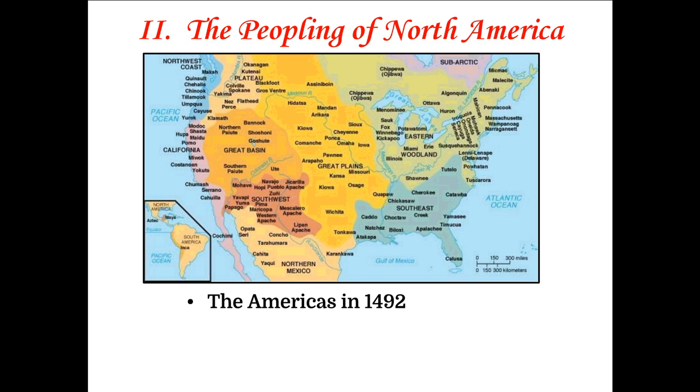So, in 1492, we have a wide variety of different cultures. In Central and South America, we have the Inca and the Aztec, very impressive cultures, heavily dependent on corn cultivation, maize cultivation.